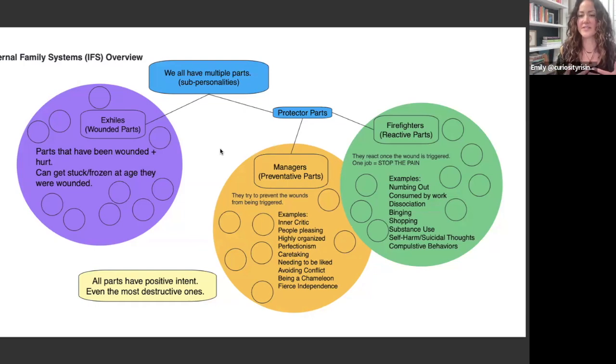You're building trust between your firefighters and yourself, between your managers and yourself, and especially between your exiles and yourself. So the more these parts start to trust that self energy, the more self-trust is able to be there.